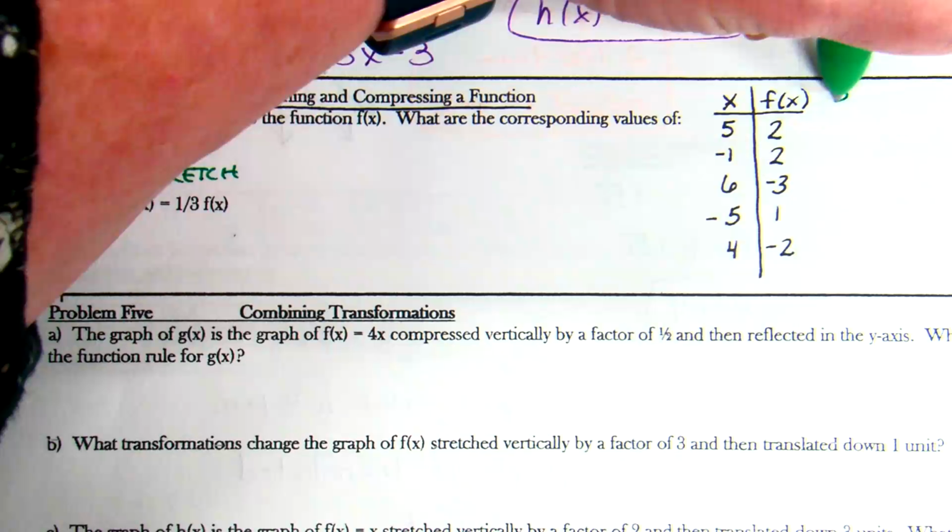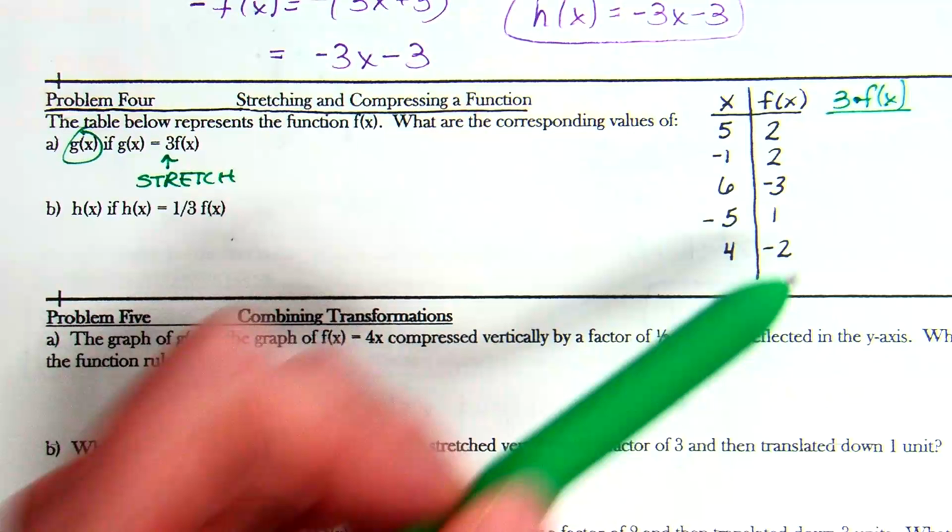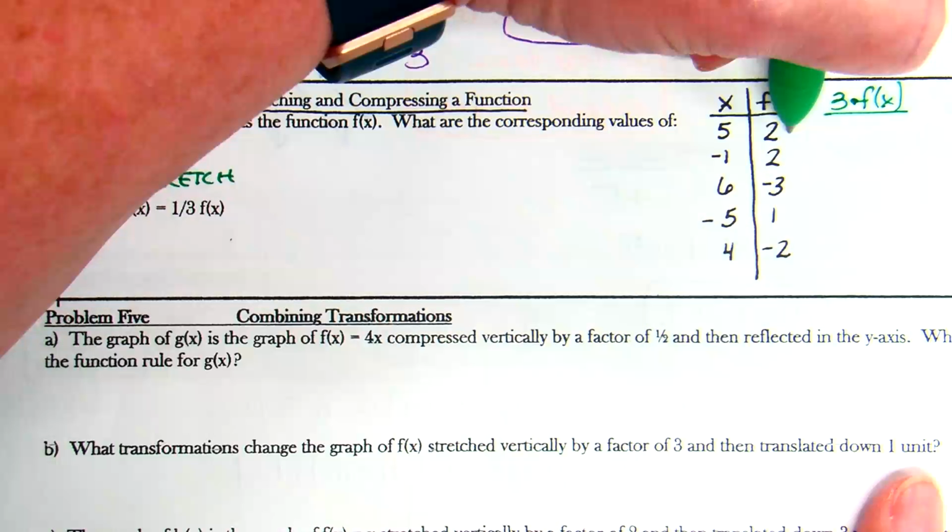This is a vertical stretch. We're not touching the x values. We're only messing with the y values, the f of x values. So if I do 3 times f of x, well, my first f of x value is 2, right? 2 times 3 is 6. 2 times 3 again is 6. Negative 3 times 3?